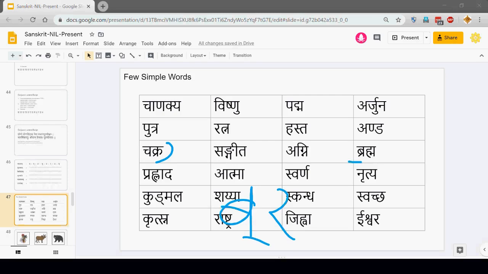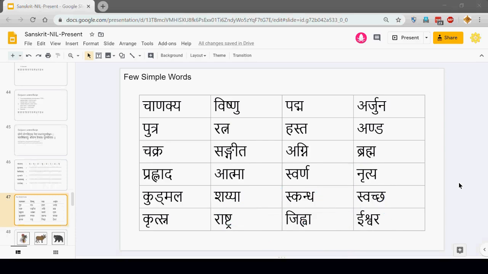This makes bra. Then we have ha, again going from left to right in the second conjunct. So we have ha consonant, and then there is a full ma. The pronunciation will be Brahma. The first ha is pronounced with just a consonant, no addition of any vowel. Brahma.